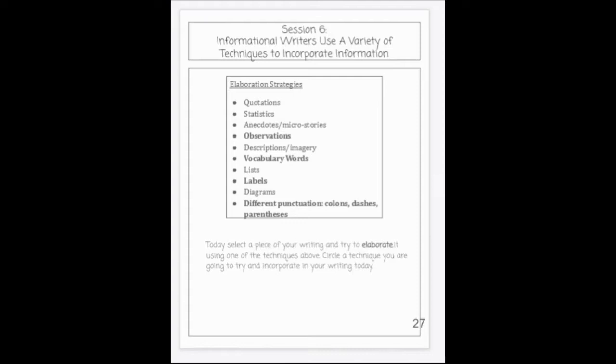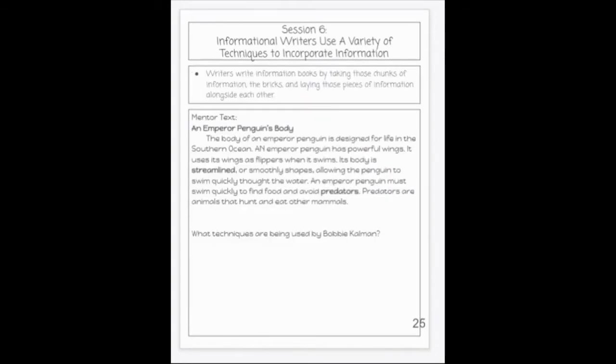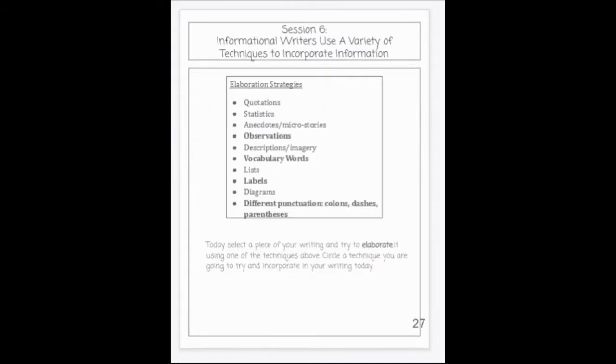Quotations, statistics, anecdotes or microstories, observations, description or imagery, vocabulary words, lists, labels, diagrams, and different punctuation, colons, dashes, and parentheses. The ones that are in bold, you can look back at our 2 examples from today, beetles and An Emperor Penguin's Body, to see how they used some of those strategies. I'm going to give you about 1 minute to circle.